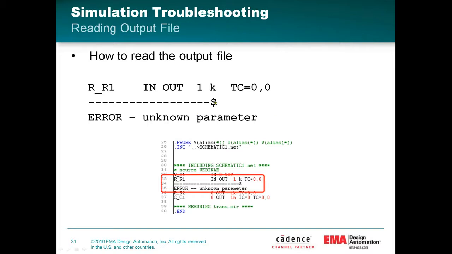In this case, it happens to be a parameter issue: there's a space between the numeric value and the actual parameter unit, and so it's flagging that as a misread on that particular line. So that's how that is set up. The output file goes in and tries its best to flag where it has an issue.